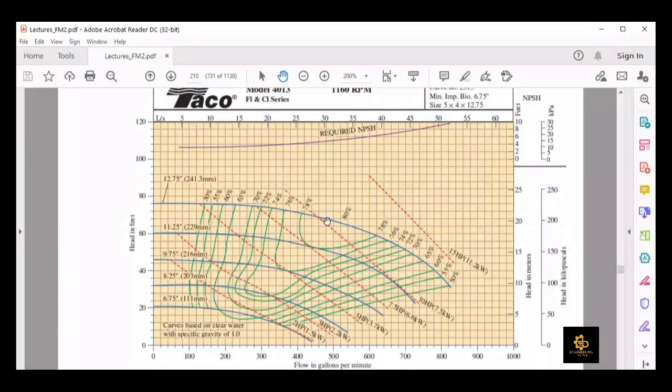So now you can easily see what the job of an engineer is when you work in a design industry where you need to select a particular pump based on the pumps available in the market. You look at the performance curve, keeping in mind the efficiency ranges for a particular pump.